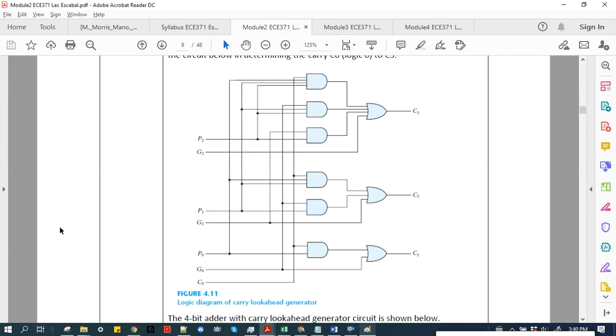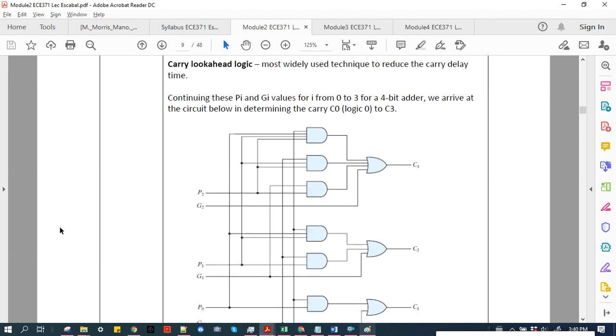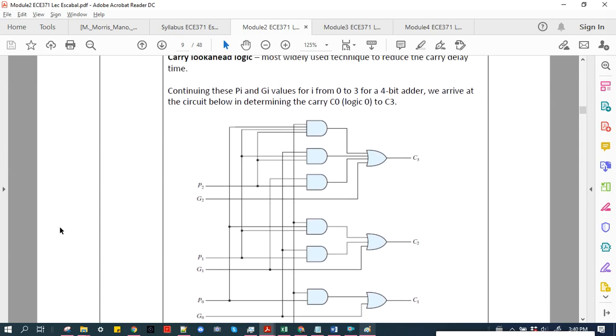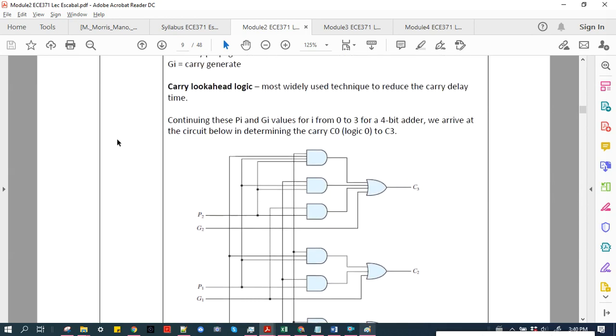This is the logic diagram of the carry look ahead generator. Using these P and G values for i, we arrived at the circuit below in determining the carry C0 to C3. Let's check how it is being derived.